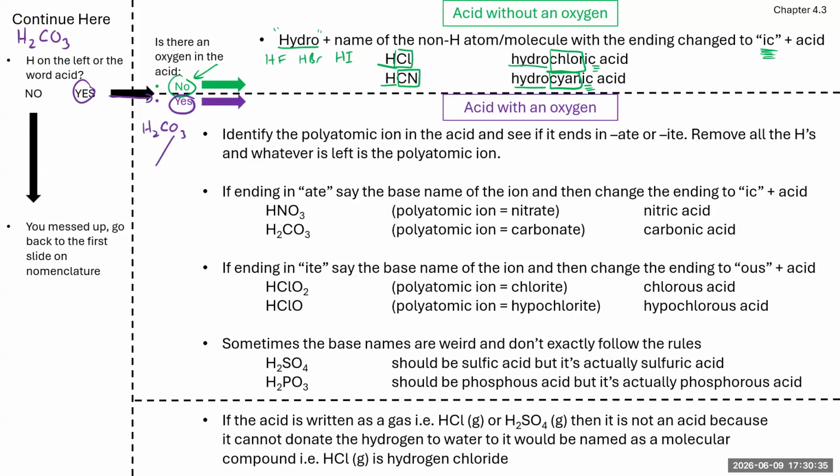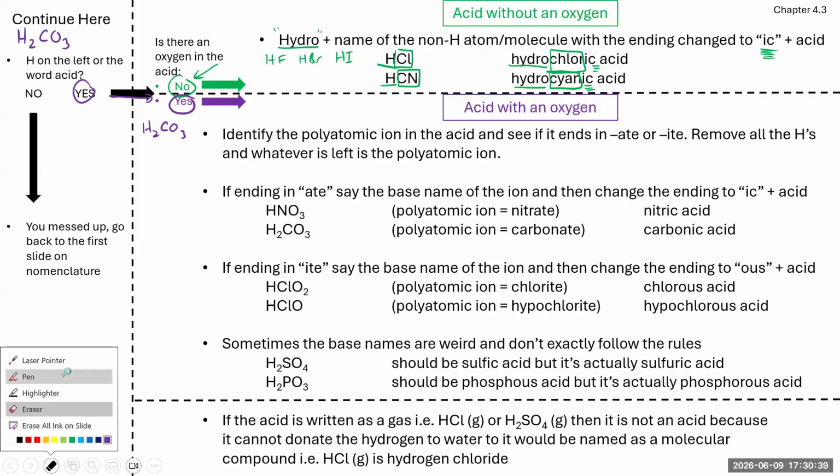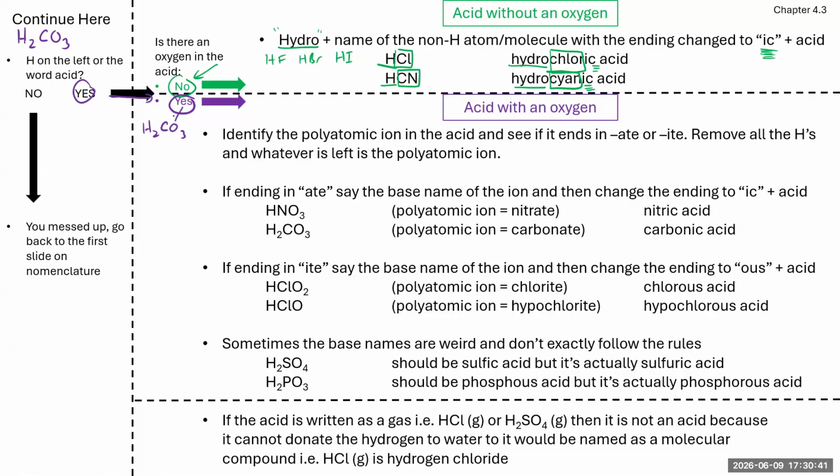Let me do an arrow from the opposite way, just to show you. So we're going to identify the polyatomic ion and see if it ends in ate or ite. Remove all H's, and whatever is left is a polyatomic ion.